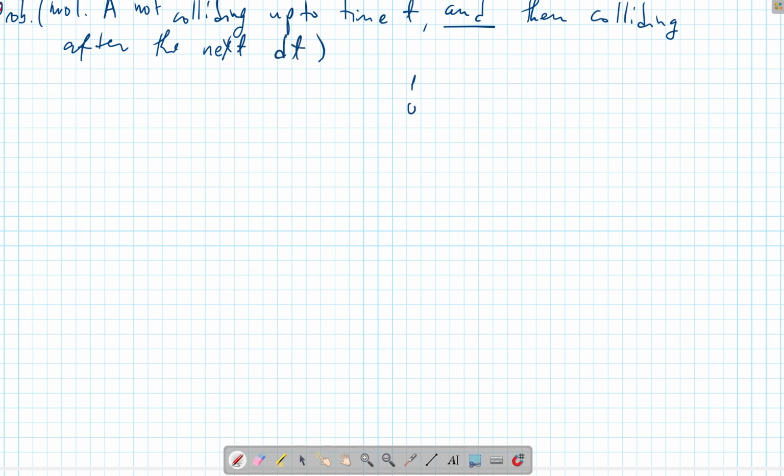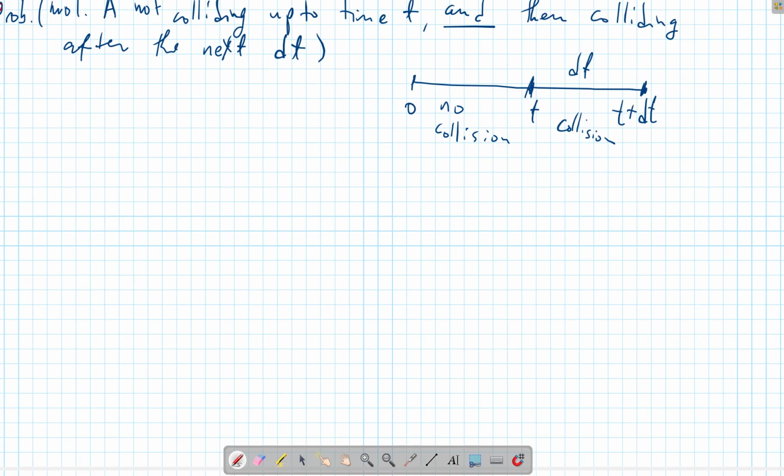So let's say this is 0. From time 0 up to t, we want no collision, but then from t to t plus dt, so this interval is dt, we want to have a collision here, right? So this is going to split into two.